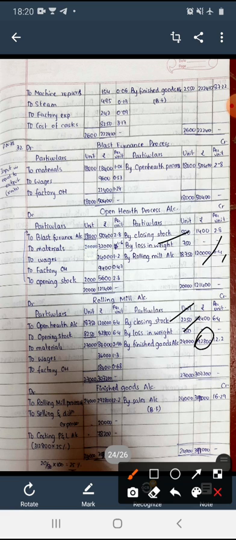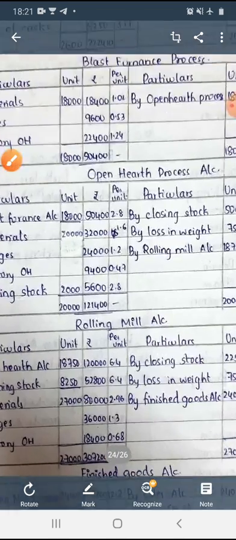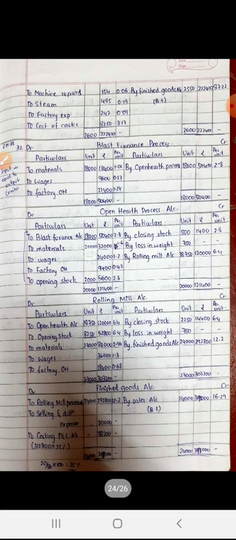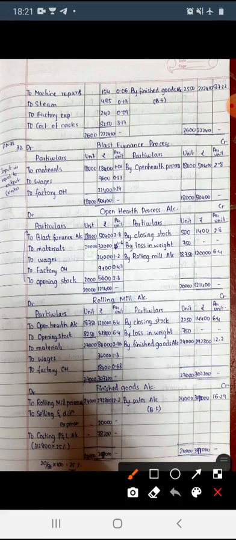Then the difference in the debit column, add, then deduct the closing stock, and the difference is the finished goods amount, then transfer to the finished goods account. The last one is the finished goods account. Under it, transfer from the rolling mill process account and write the amount. Then selling and distribution expenses, not allocated in any process, you just write that amount.